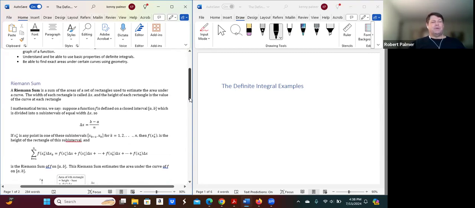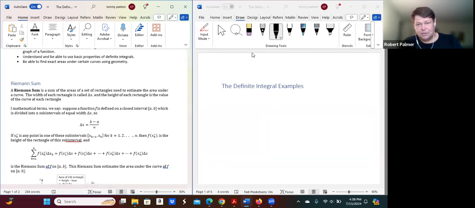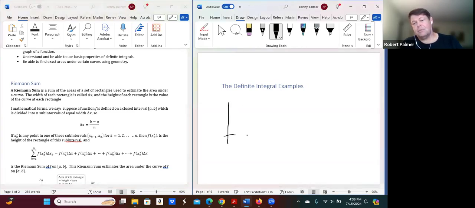You may have seen my previous video dealing with this, or you may have seen another class, another video. But think about the area under a curve. So let's come over here. We have some curve that maybe looks like this.